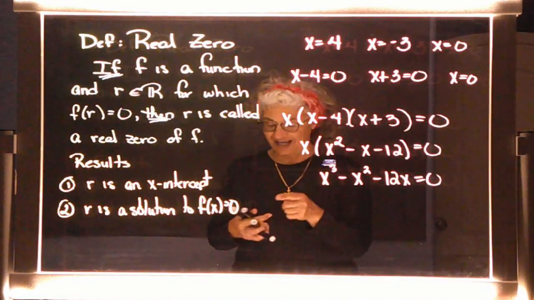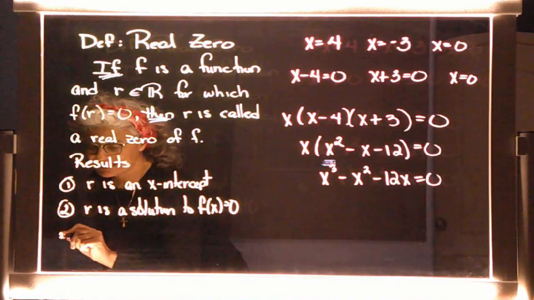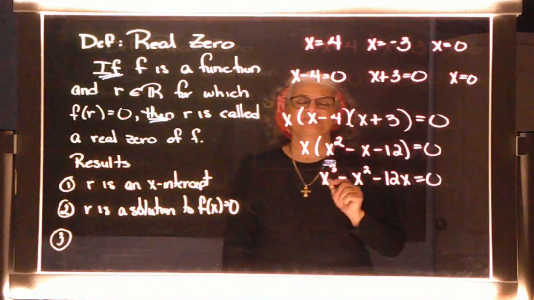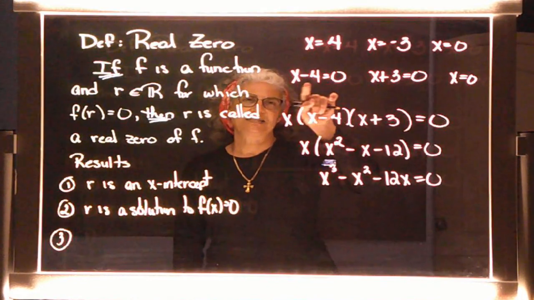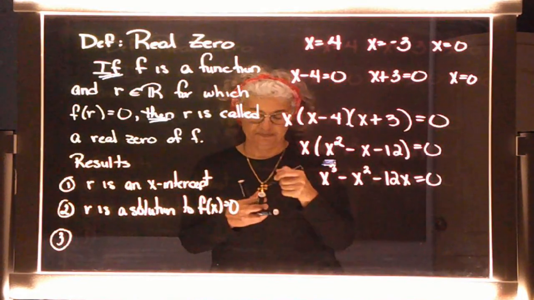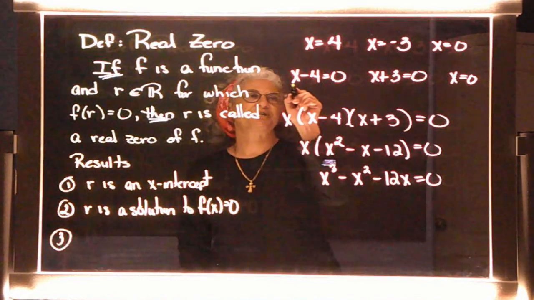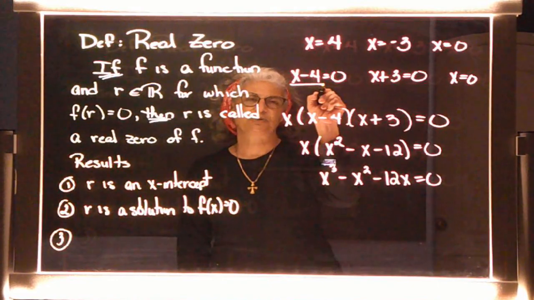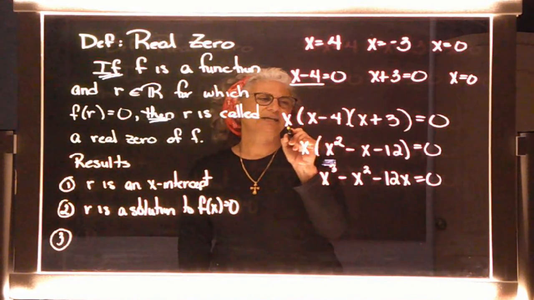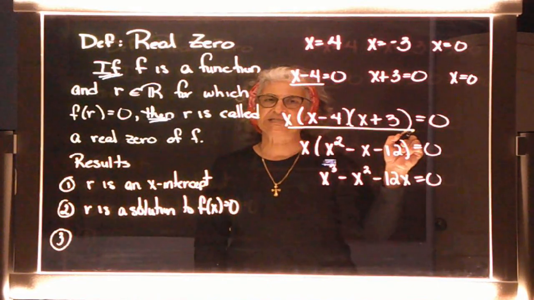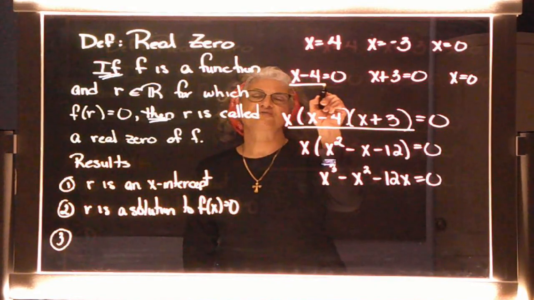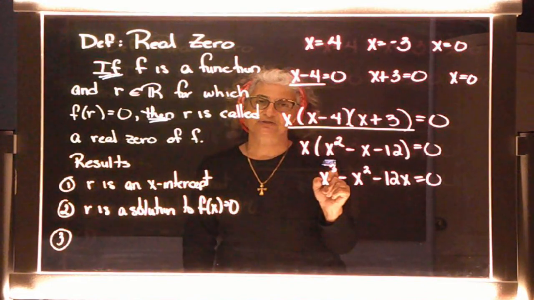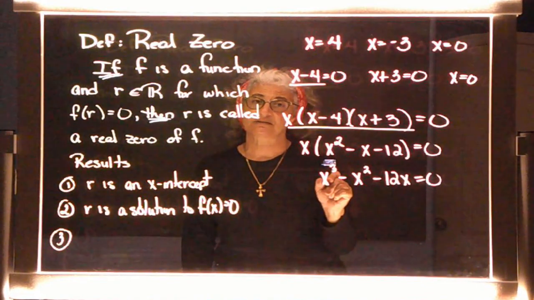And one last result is this. This is your R. This is where it came from. Agreed? If this is where it came from, this equation came from us doing this factoring, didn't it? So here's the thing. This x minus 4 would be a factor of this third degree polynomial, wouldn't it?